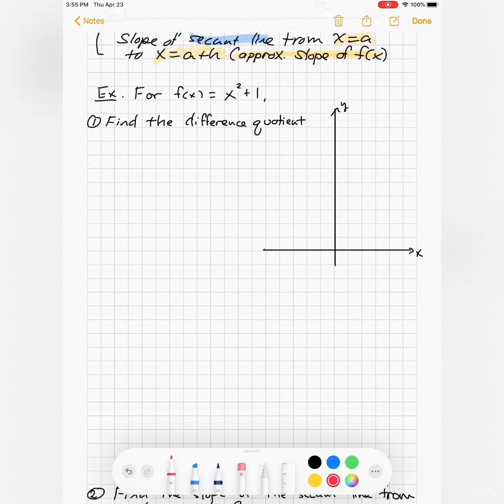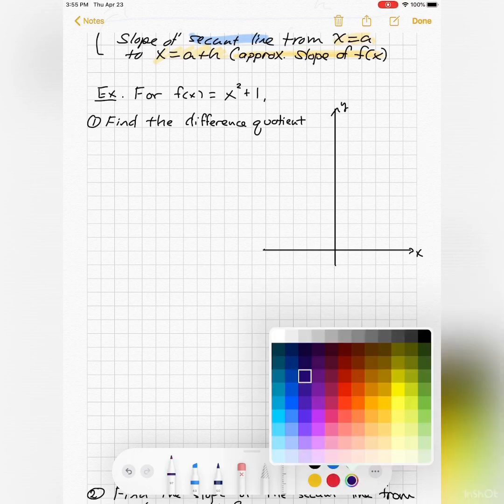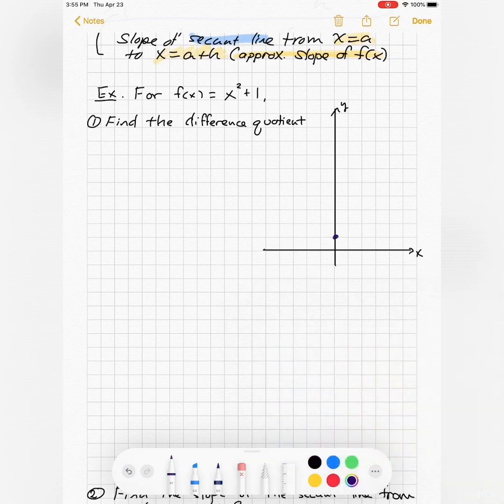Let me graph that. Okay, so I've got 0, 1, 1, 2, 2, 5. Okay, and that guy's symmetric over the y-axis. Parabola would look something like that. Okay, so there's the function.